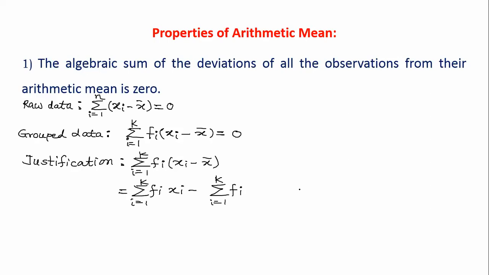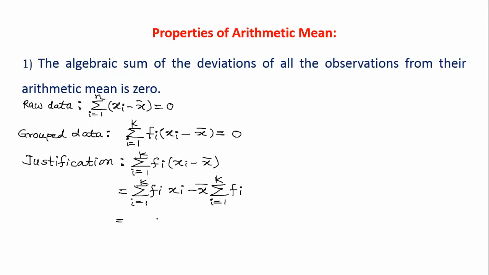Now see, i is used for different classes, i is from 1 to k. But for a particular data, the value of x bar is the same. Arithmetic mean is the same, that is the only value. So it is constant. It is not going to change with change in i, because with change in i, xi will change, fi will change, but x bar will remain the same. It is constant, so it can be written outside the summation sign.